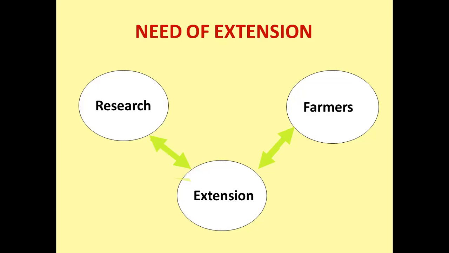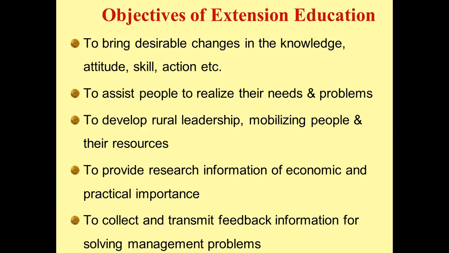They have to adapt this technology to the farmers, and when farmers try to adopt this technology, they give a lot of feedback regarding its use. This feedback is passed on to the researchers so that they make the technology more user-friendly and farmer-friendly. So the extension worker is a two-way channel between research and farmers.